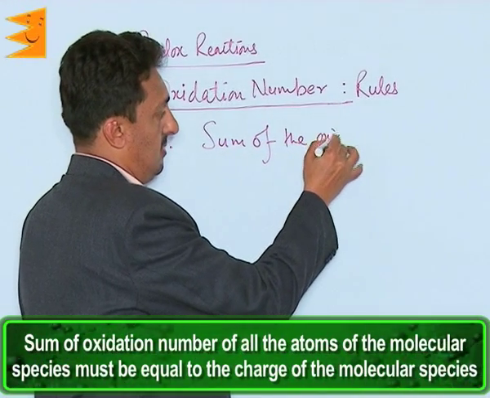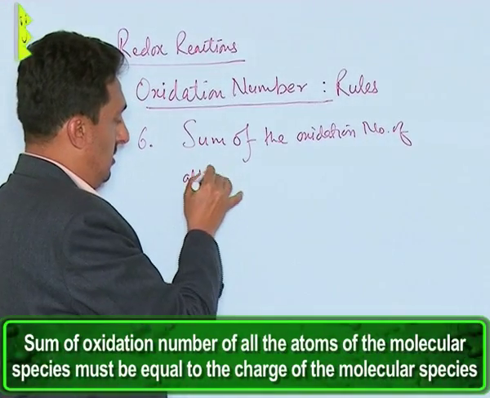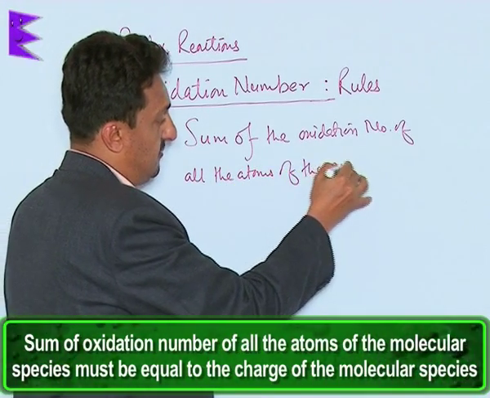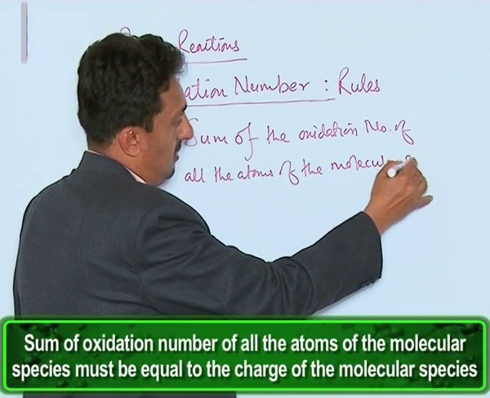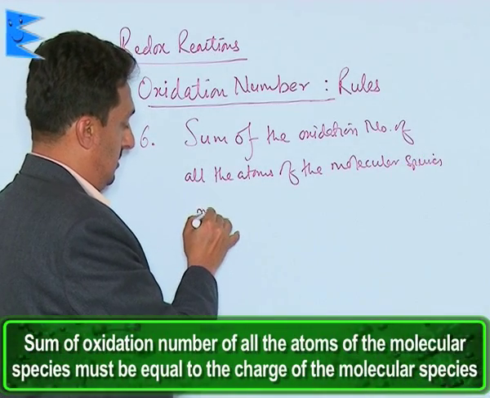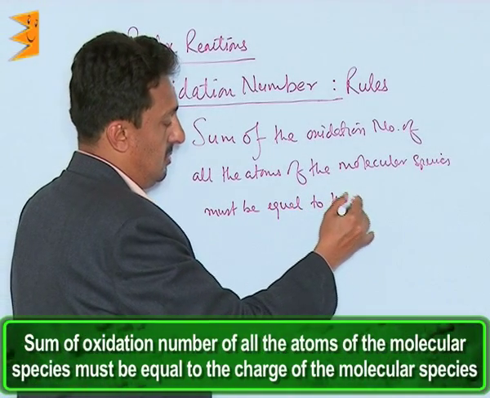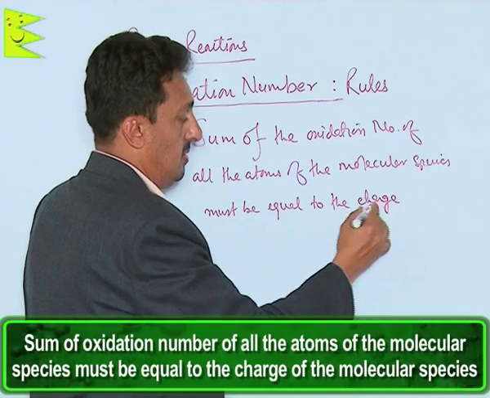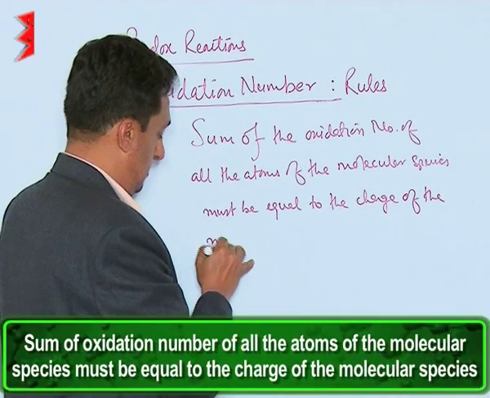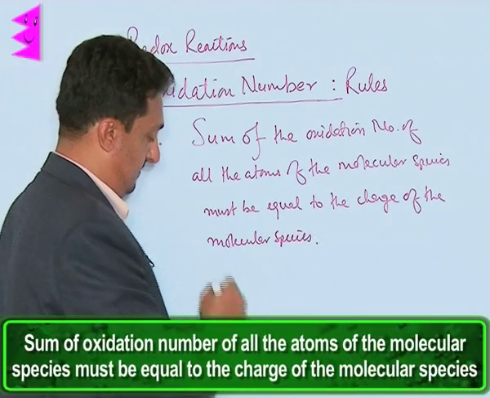The last rule says that the sum of the oxidation numbers of all the atoms of the molecular species must be equal to the charge of the molecular species.